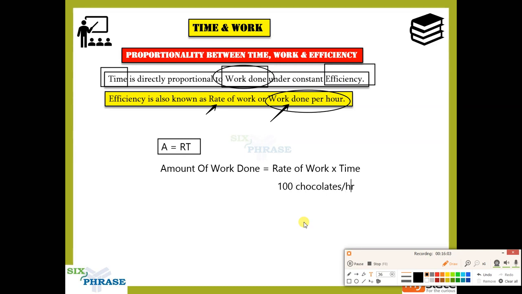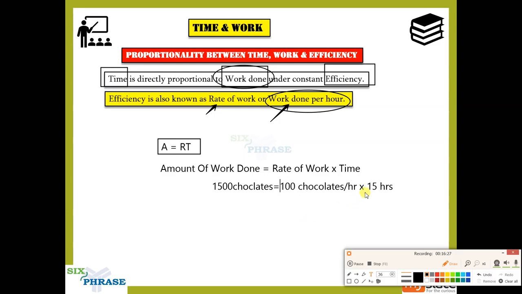Now the time he takes is 15 hours. So he does this for 15 hours. Now what will be the total amount of work which is done? The work that will be done is eating 1500 chocolates, right? The total amount of work that is done is eating 1500 chocolates, guys.